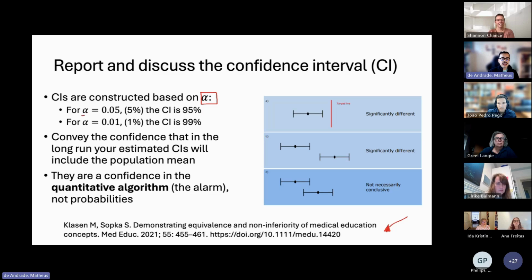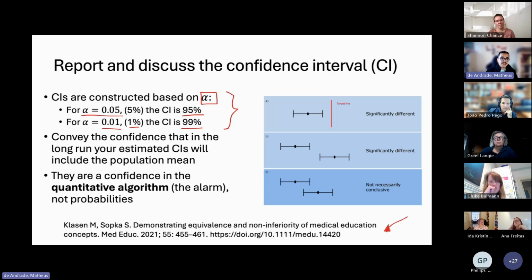So if you choose your alpha to be 5% or 0.05, your confidence interval is 95%. If you choose it to be 0.01 or 1%, the confidence interval is 99%. So the confidence interval communicates the uncertainty around your estimate, and it does communicate at the same time the probability of a false positive.